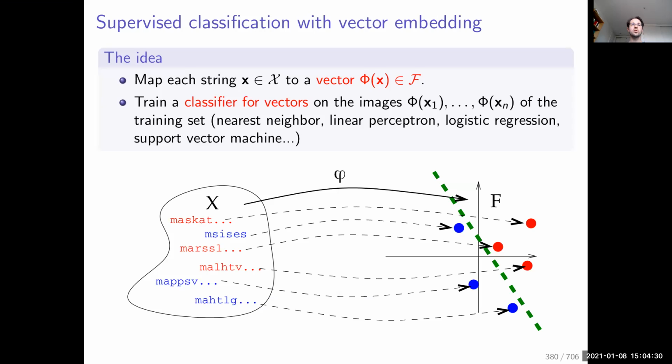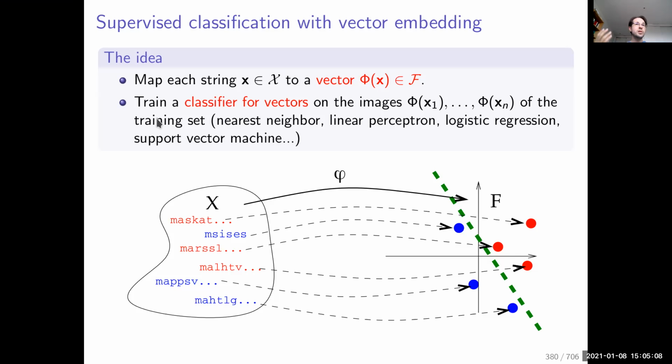Now let us go to the more technical part. Given what we have seen in this class, what can we do to do machine learning with sequences? There is a first approach, which does not require kernels, which simply says: each sequence x, I want to represent it as a vector phi of x that lives in some space F, and I want simply to train a classifier for vectors, let's say a linear model.